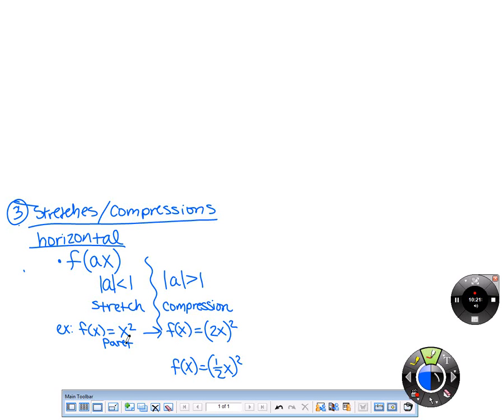Based on where the numbers are here. Is the number inside the function, inside the important part that's happening, or outside of it? Inside of it. What kind of changes happen when you apply the numbers inside of the function? Horizontal changes. So this is definitely horizontal.